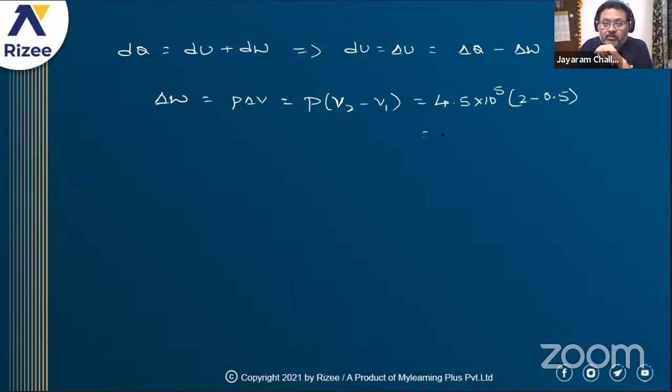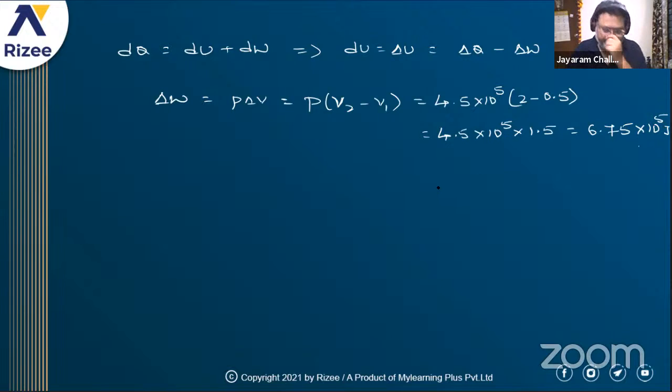So this will be equal to 4.5 into 10 to the power of 5 into 1.5. When we multiply 15 into 45 and all these things, this will be equal to 6.75 into 10 to the power of 5 joules. This is your work done.